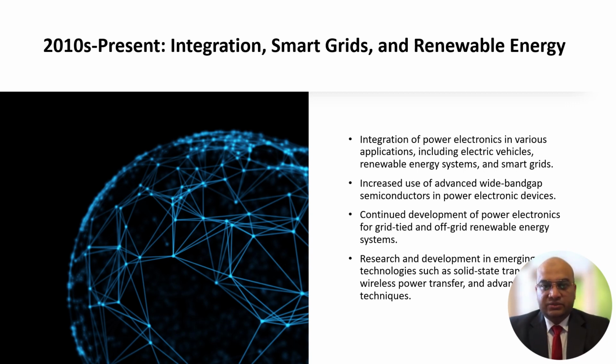Increased use of advanced wide band gap semiconductor devices in power electronic devices was seen during this time. Continued development of power electronics for grid tied and off grid renewable energy systems took place during this time. Research and development for emerging technologies such as solid state transformers, wireless power transfer, and advanced techniques of control were tried during this era.